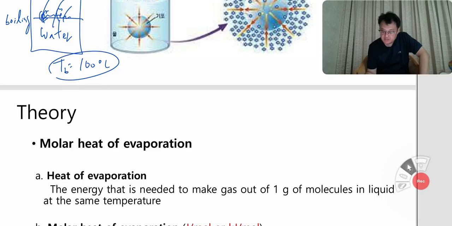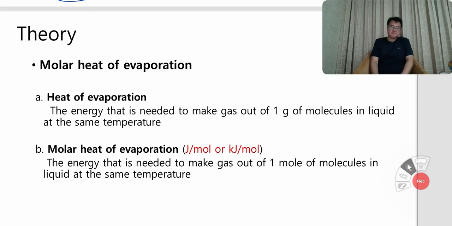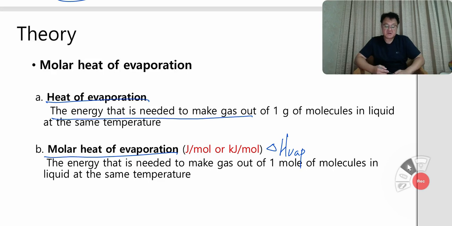Okay, molar heat of vaporization. Heat of vaporization is the energy that is needed to make gas out of molecules in liquid at the same temperature. The molar heat of vaporization, as I already mentioned at the beginning of my lecture today, is represented by the symbol delta H vap.